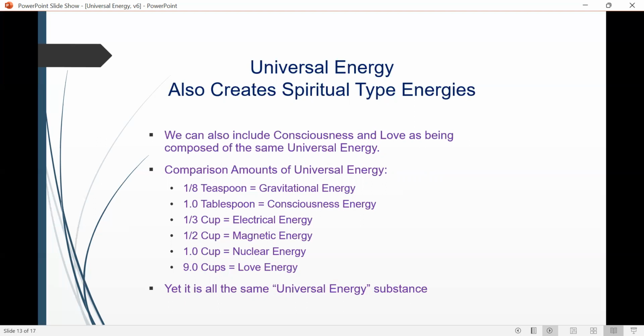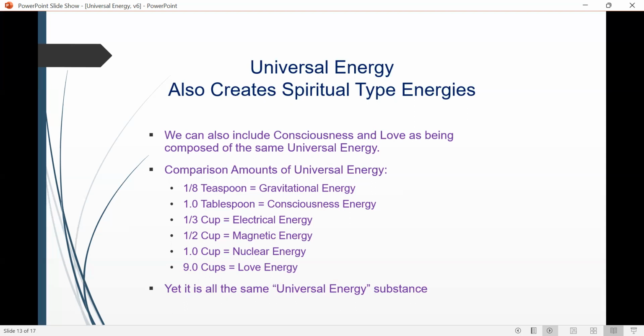These include consciousness and love, as well as other types of energies. I know far more about these types of energies than, let's just say I have inside knowledge on the physical realities of these things. So I know what I'm talking about here.